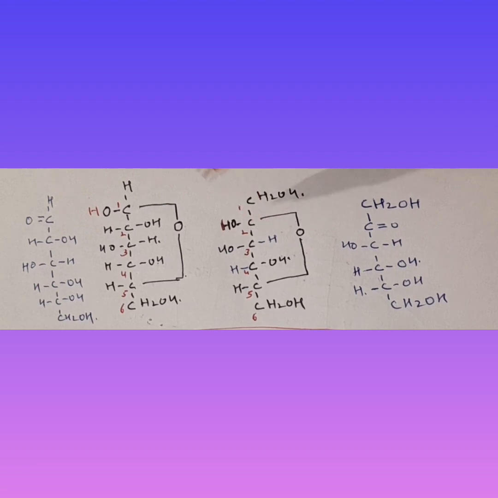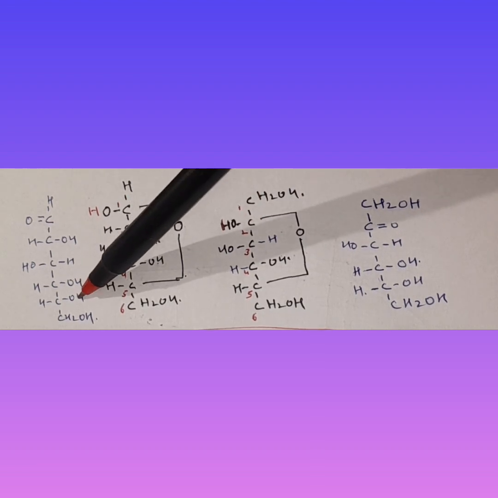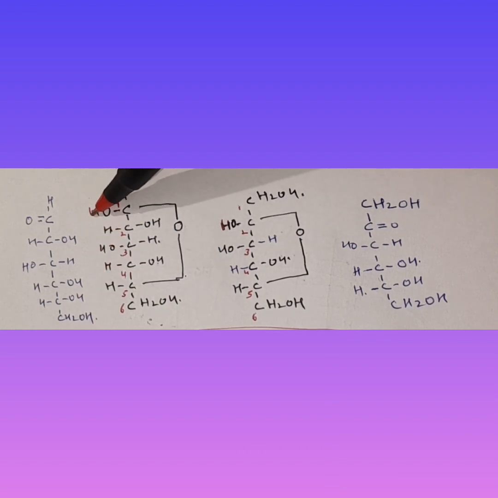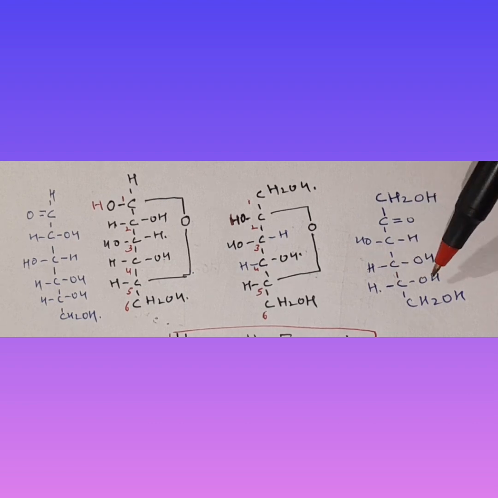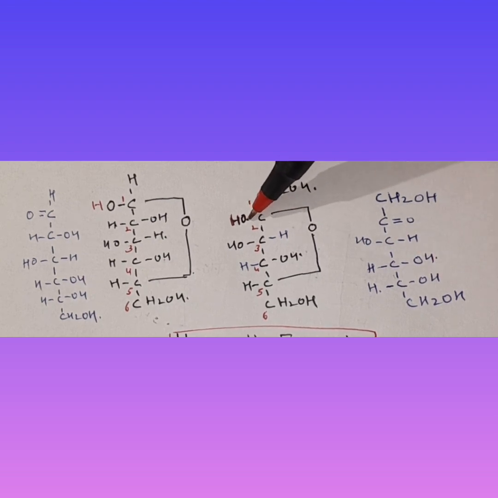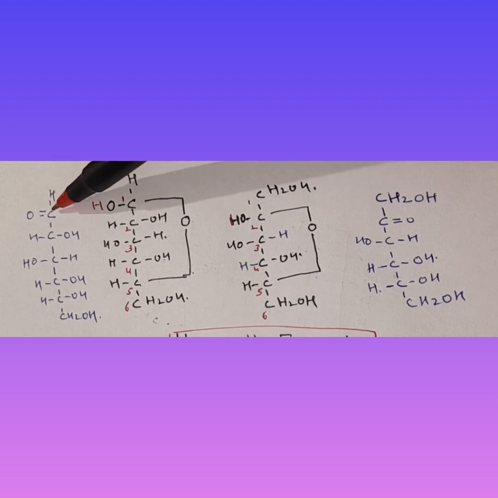And obviously the 5th carbon had this H, which got migrated over here. Similarly over here, the 5th carbon had this H of OH, which got migrated over here, and so we got this anomeric carbon, which was a carbonyl earlier.